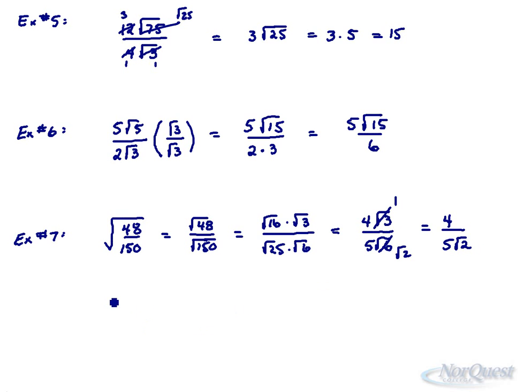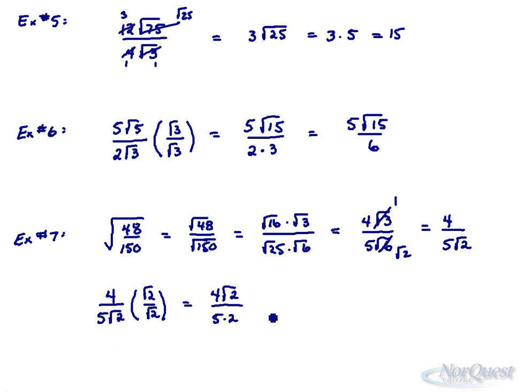Now I'm going to write this at the bottom. I still am not fully simplified because I have a radical in the denominator. I need to rationalize. Multiply top and bottom by root 2. I end up with 4 root 2 over 5 times root 2, which gives me root 4, which is 2.